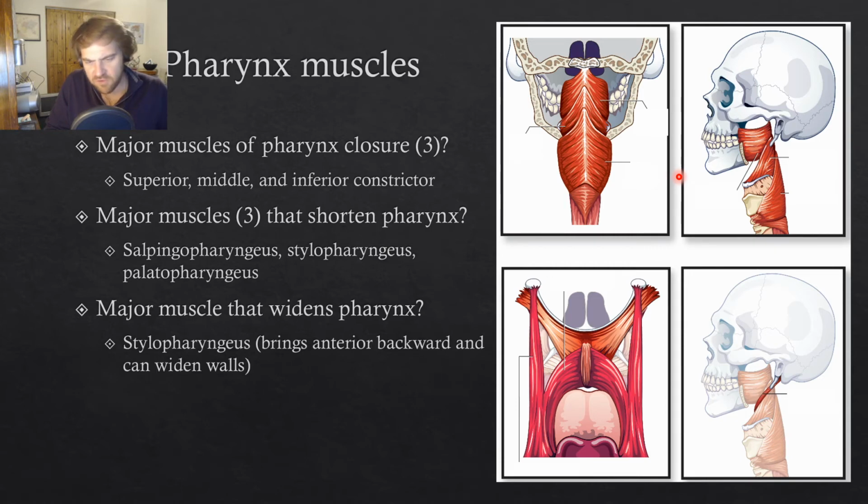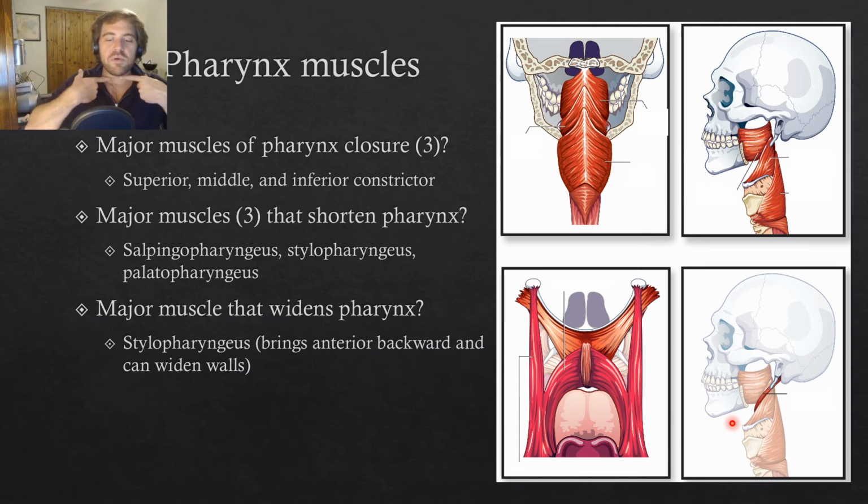The stylopharyngeus can widen the pharynx. It actually does a couple different things. It reminds me a lot of the aryepiglottic muscle that has 3 different functions. So the stylopharyngeus shortens the pharynx. It's going to pull up. You can kind of see it. It comes down like it's choking this person and back up. So it's going to pull the pharynx up.